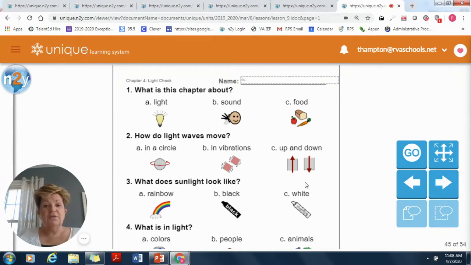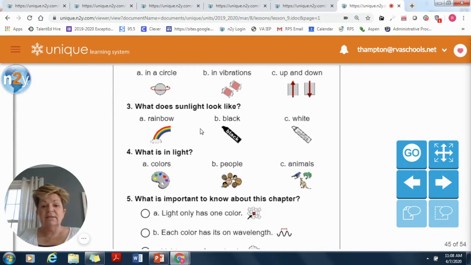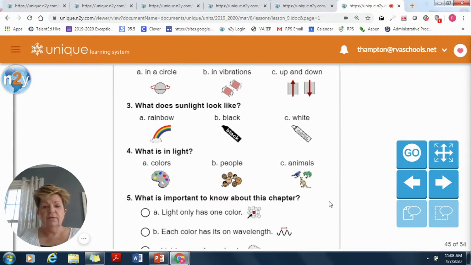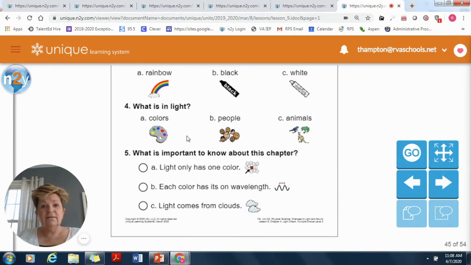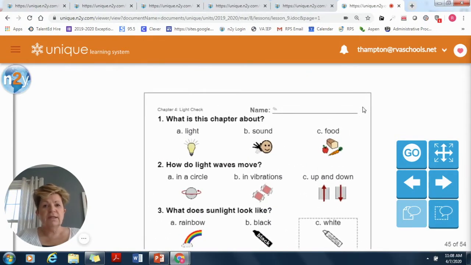How do light waves move? What does the sunlight look like? What is in light? And then what is important to know about this chapter? So those are going to be things that we're definitely going to want to focus on as we're reading our passage so that we can highlight information and help us answer our questions on our test.